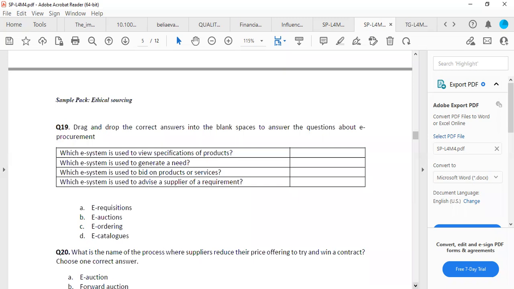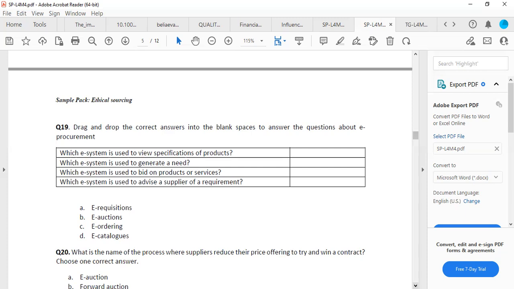That's like the L4M4. So drag and drop the correct answers into the blank spaces to answer the questions about e-procurement. Which e-system is used to view specifications of products? E-catalogs.